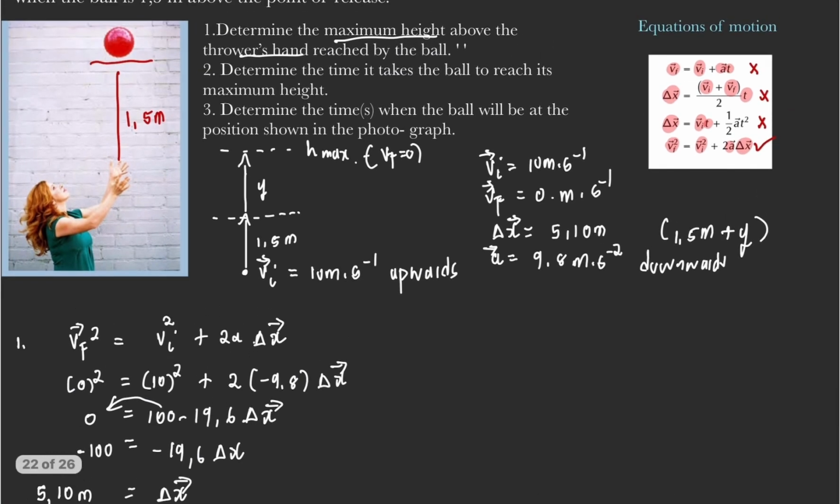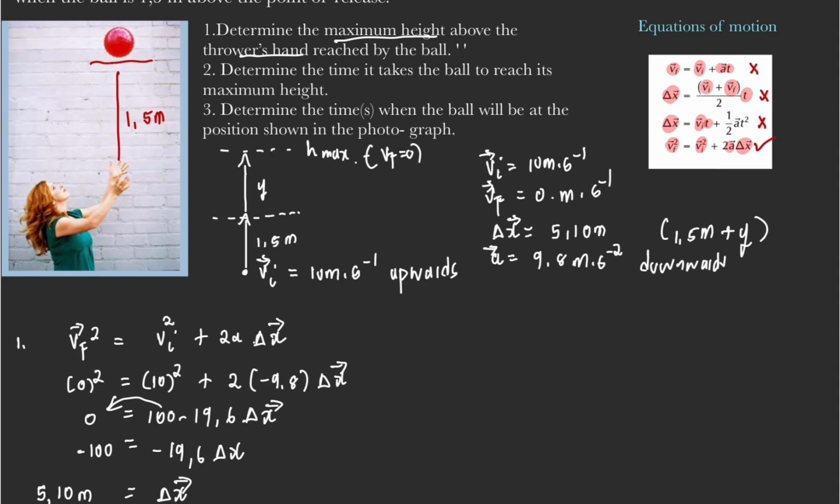The question says determine the time it takes the ball to reach its maximum height. And in my head, I'm remembering something that I've learned today already, that it takes the same time for the ball to reach its maximum height as the time it takes to move from its maximum height to the ground, or to its initial position.